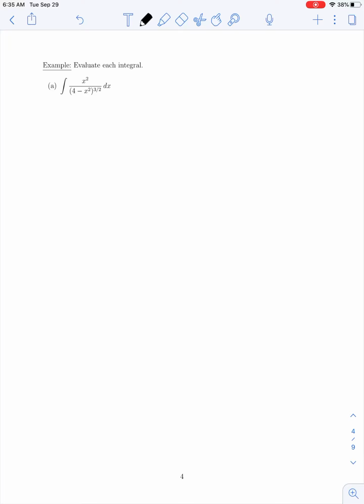So in our next example, we're asked to evaluate the given integral. We'll look at a few parts, and in part A, we've got the following. At first glance, it may not appear that this should be a problem involving a trig substitution.